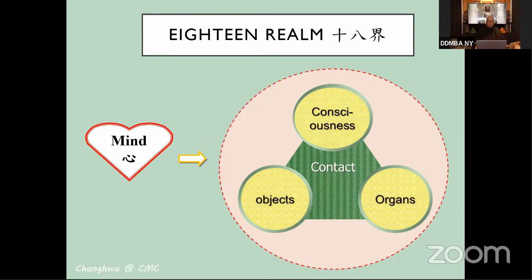These 18 realms include the 6 objects, 6 organs, and 6 consciousnesses, and in total we call it our mind. Why the outside object is also in our mind, hopefully I can explain to help you understand better in today's talk.